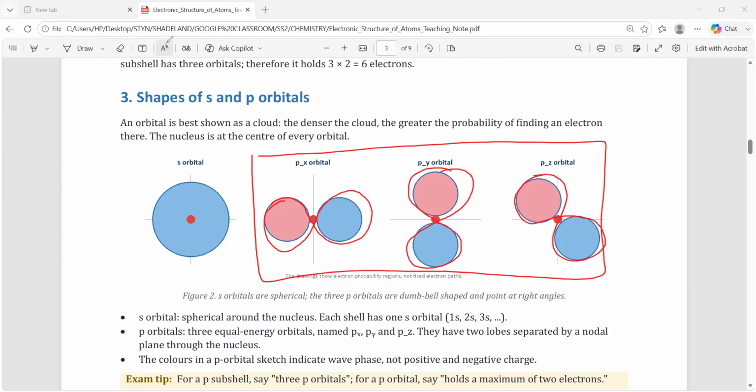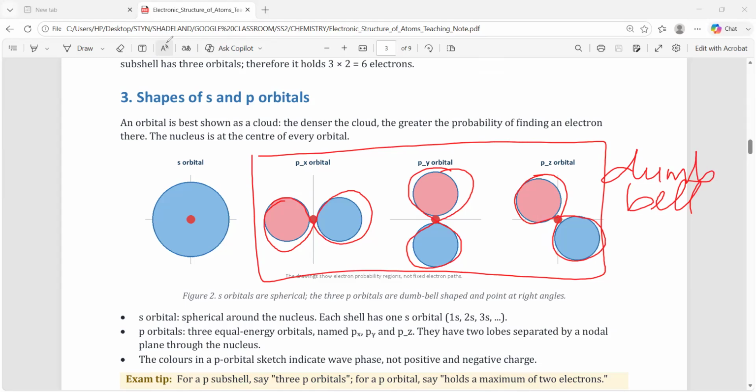So P has 3 orbitals and a maximum of 6 electrons. There are 3 orbitals in the p subshell, and a maximum of 6 electrons in the p subshell. So we say it has a dumbbell shape, D-U-M-B-B-E-L-L. You know dumbbell now, like for weightlifting, that small hand lift, that's dumbbell shape. But when we draw it, if you look at it in your textbook, it will just look like figure 8.